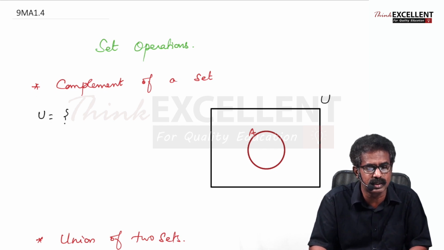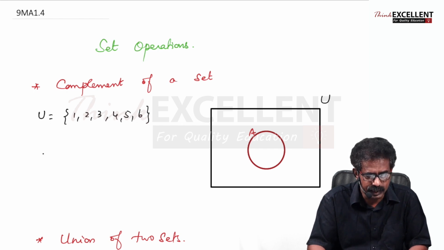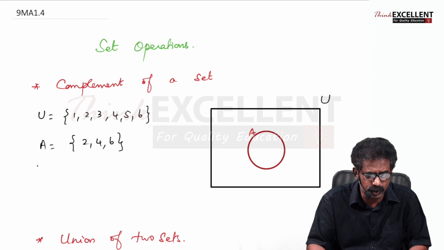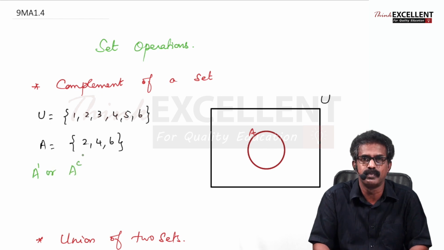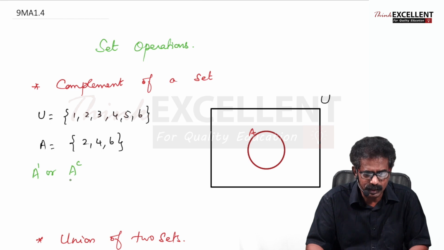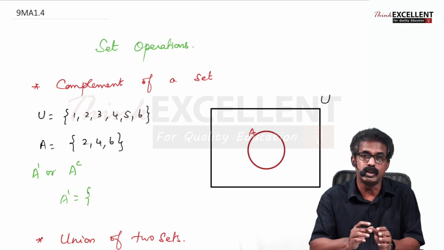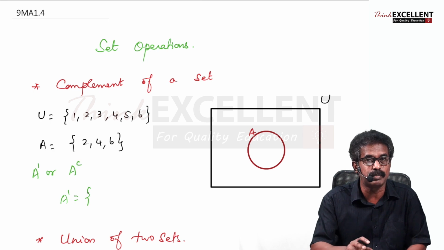Suppose I'm taking the universal set as 1, 2, 3, 4, 5, 6, and A is a set, where I'm taking 2, 4, 6, some elements from the universal set. Now complement of A we denote as A dash, or you can denote it as A power C. A dash means you write the elements which are not in A, but they must be in the universal set.